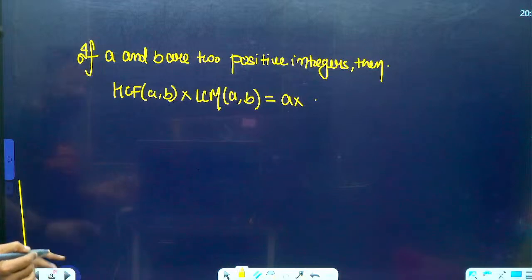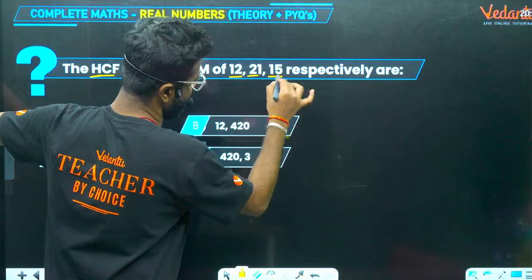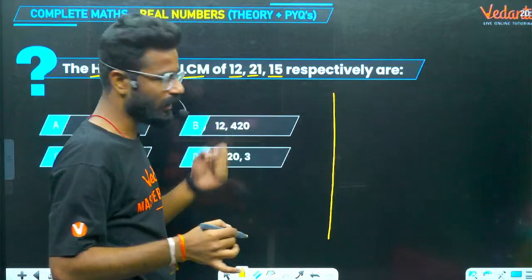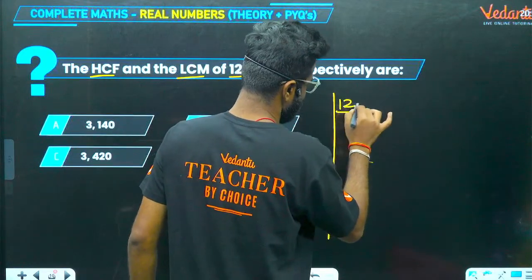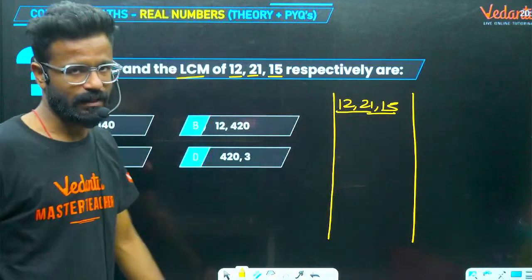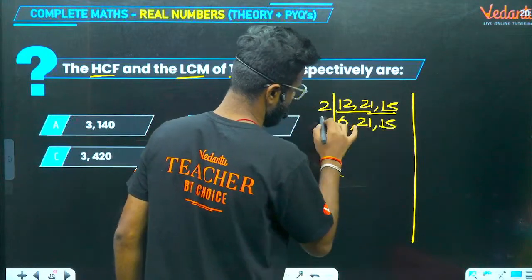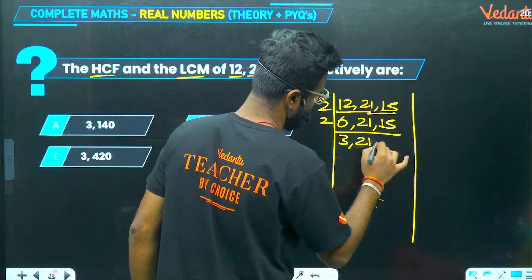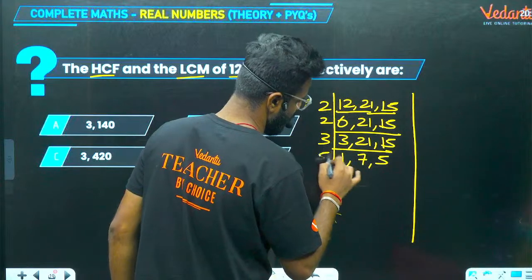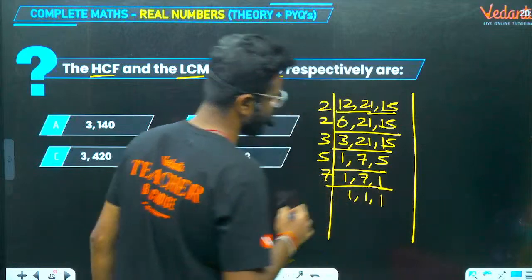It is as simple as that. You can see here the HCF and LCM of 12, 21 and 15 respectively are. Let's find the LCM and HCF of these three numbers. You can use any method. Firstly I find the LCM: 2, 6, 21, 15. 2, 3, 21, 15. 3, 1, 7, 5. 5, 1, 7, 1. 7, 1, 1, 1.